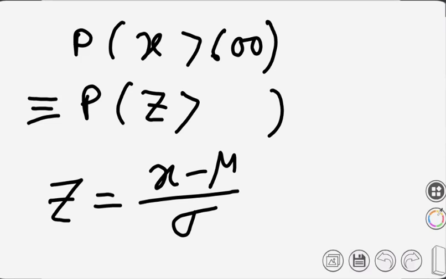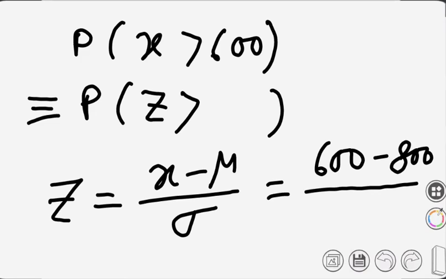Here the value of x is 600, the value of mu is 800, and sigma is 200. So the value of z we get is -1.